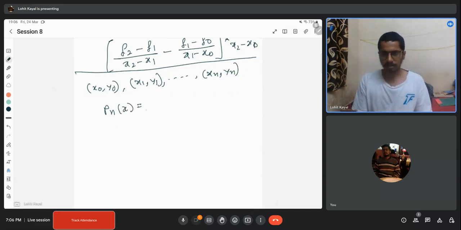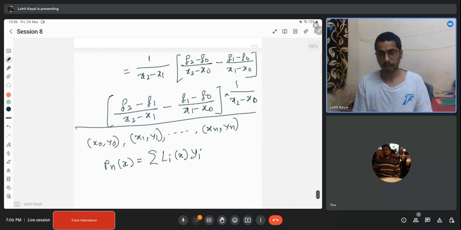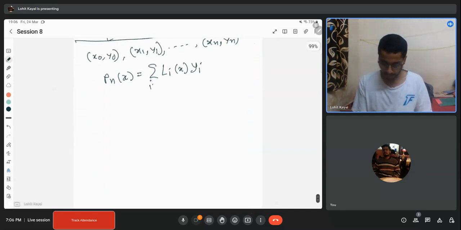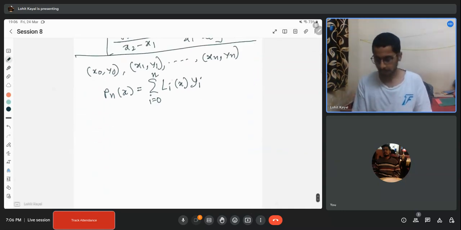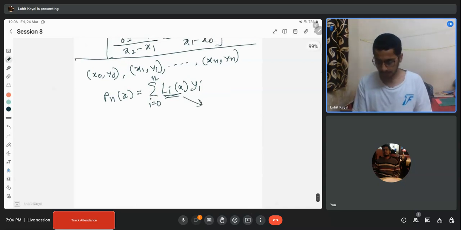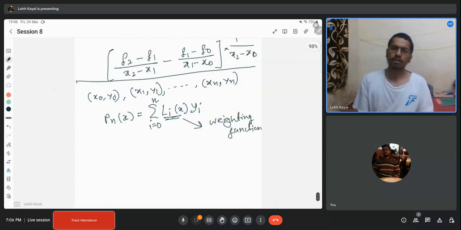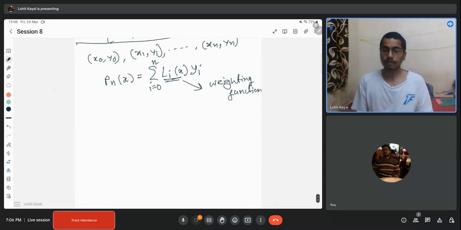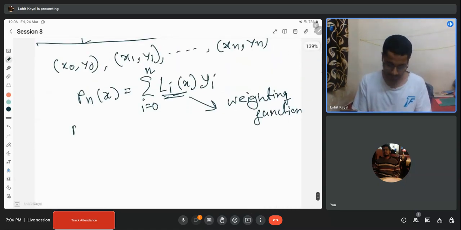So Pn of x, we can write it as the sum of Li of x multiplied by yi, where i varies from 0 to n. Now, Li is a weighting function. What is the definition of Li of x? It is such that your Pn of xi is equal to yi exactly.